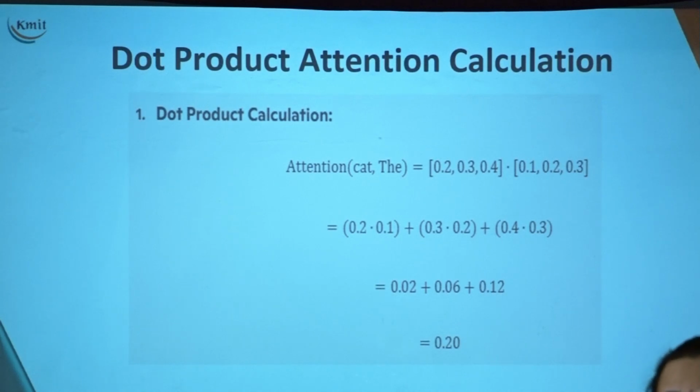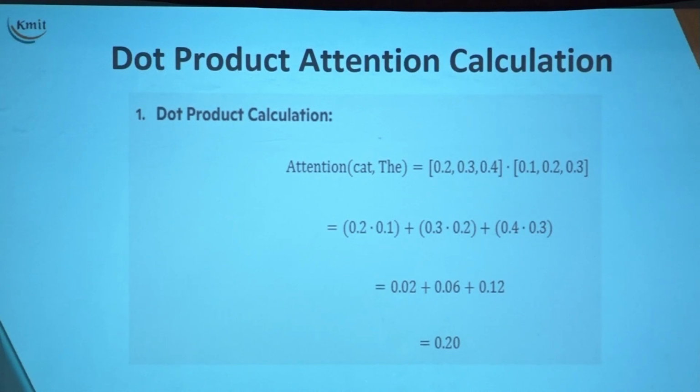Just have a look at how I have done this particular problem. I am taking the dot product of both of them, trying to get the answer, and what I am getting here is 0.20. What is my query? Cat. I told you now, after cat, what are we supposed to do?